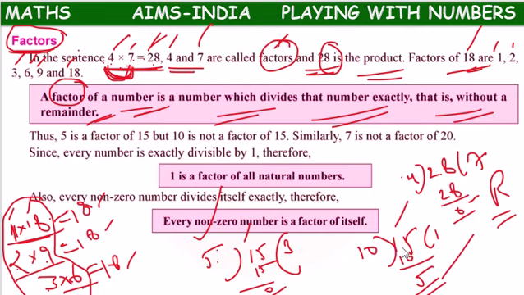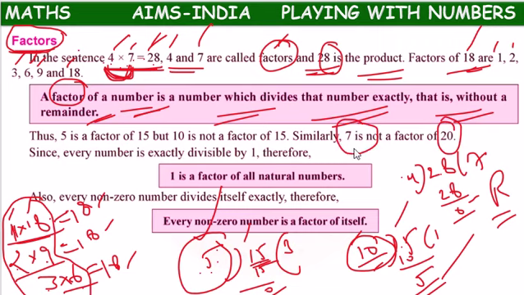Means 15 is not completely divisible by 10. So for the number 15, 5 is a factor and 10 is not a factor. In the same way, for the number 20, 7 is not a factor because we cannot divide 20 by 7.